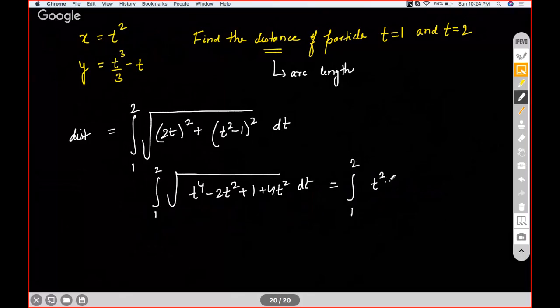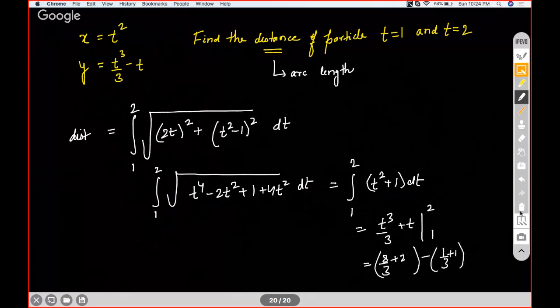So it's t cube by 3, which is 8 by 3 plus 2. It's not even that.